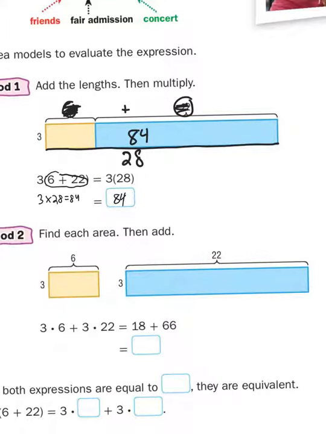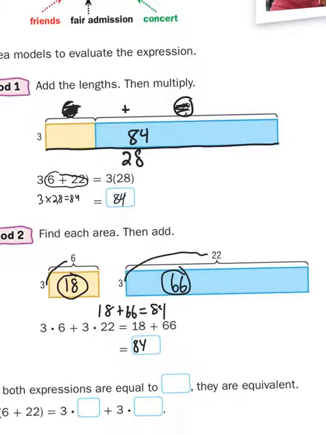So in this one, we would find each area and then add those together. We would do 3 times 6, which is 18, and here we'd do 3 times 22, which is 66. And then we would add these 2 areas together to get our total. And guess what 18 plus 66 is? It is 84. So you get the same thing.